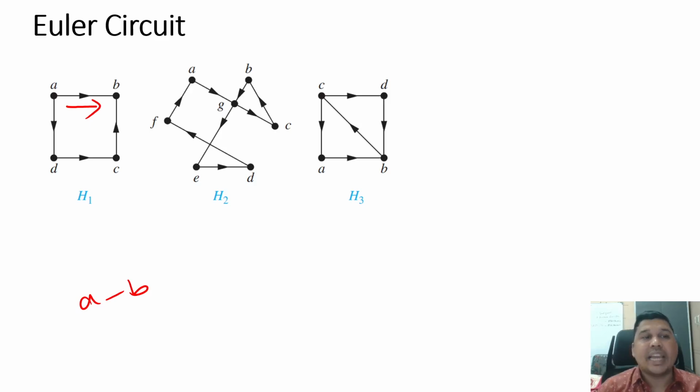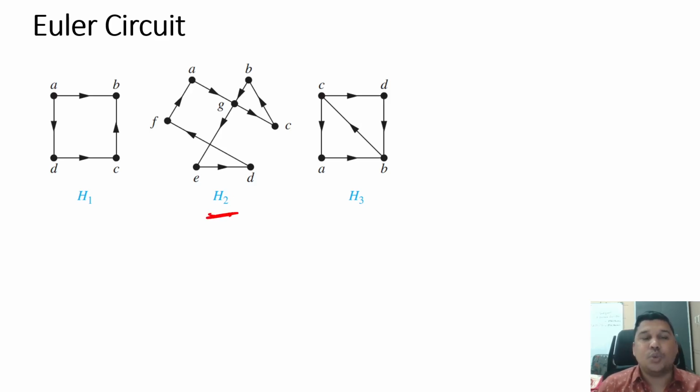I cannot go back any side. Or even if you start from A to D, D to C, C to B, but again from B to A I don't have, and this edge is remaining. I am unable to traverse that particular edge. So we can say that H1 has no Euler path.